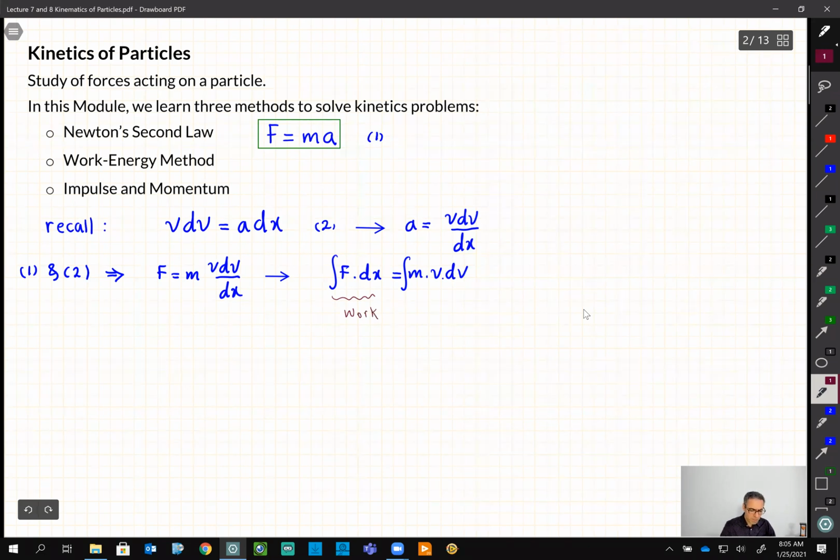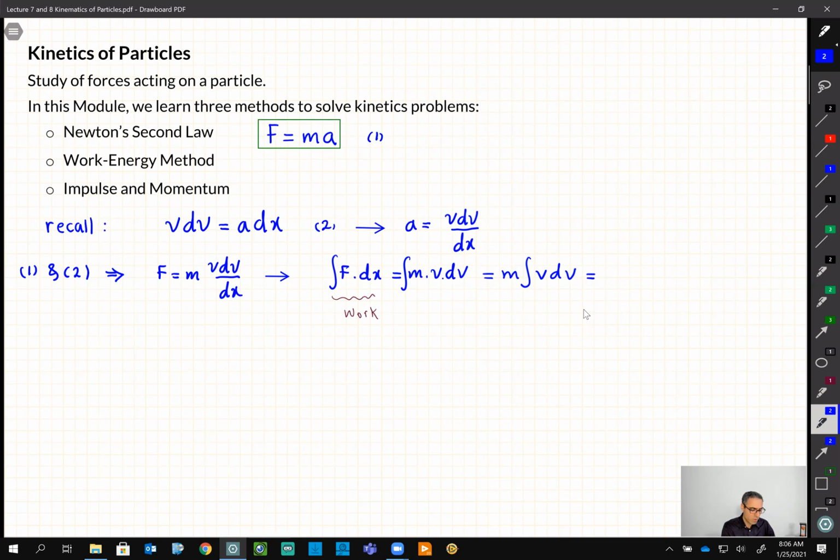What about this side? If I simplify the integral, m is a constant, right? And then the integral of v dv is like the integral of x dx.